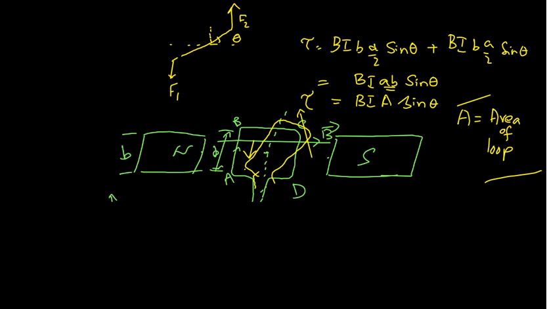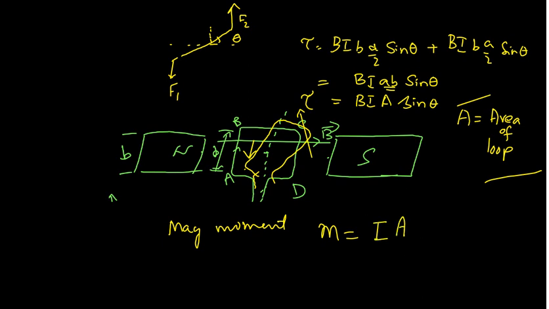Here we have a magnetic moment M is equal to I multiplied by A. So this is nothing but the area vector we call it as A.